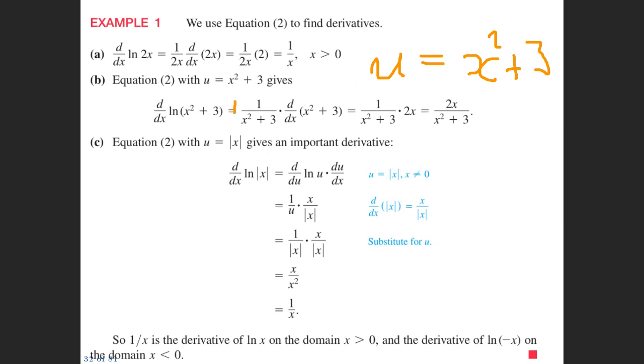So we're going to have 1 divided by u, 1 over x squared plus 3, multiplied by du/dx, or d/dx of x squared plus 3. And then after we've done that derivative and simplified it, we get 2x over x squared plus 3.